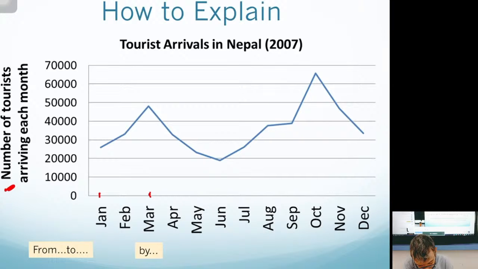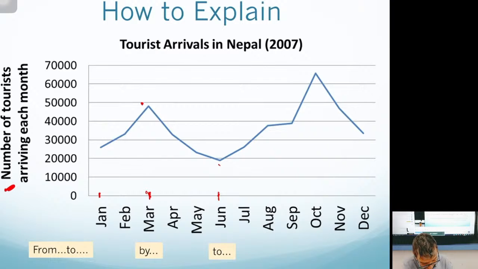So for example, we could go from March down to June, and then it decreased from 50,000 to 20,000. So there was a steady drop by 30,000. Taking 50,000 from 20,000.